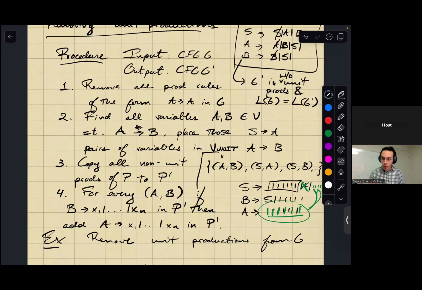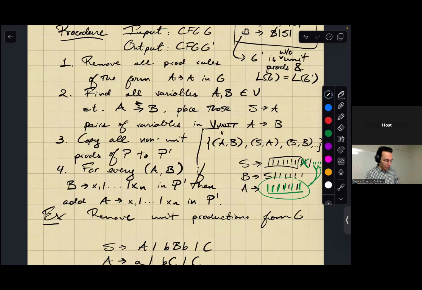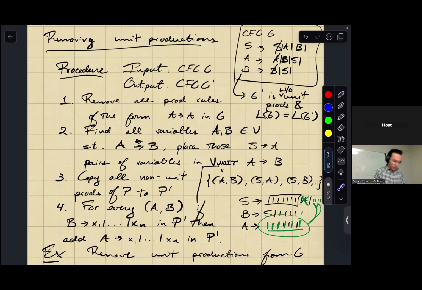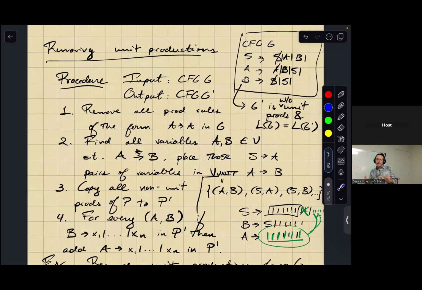Okay, so do this for all the pairs of directly unit-production-linked variables in V unit. Okay. And so we're not actually eliminating any information or any power from the grammar because we're preserving how the grammar gets there. We're just taking out the intermediate, the middleman, really.